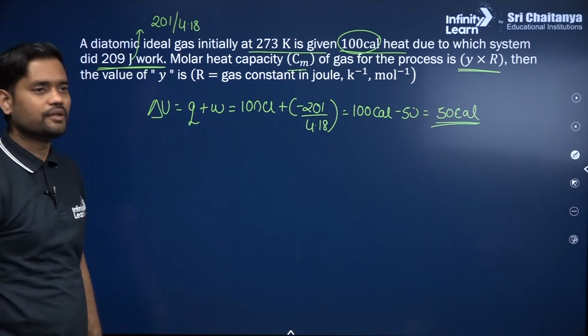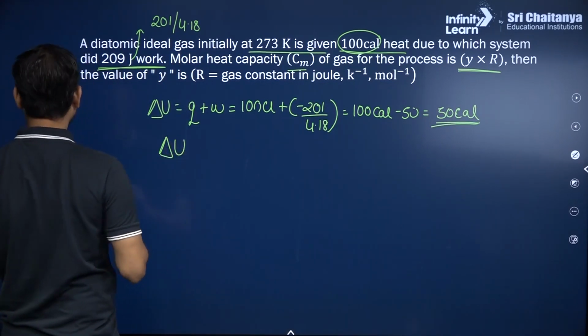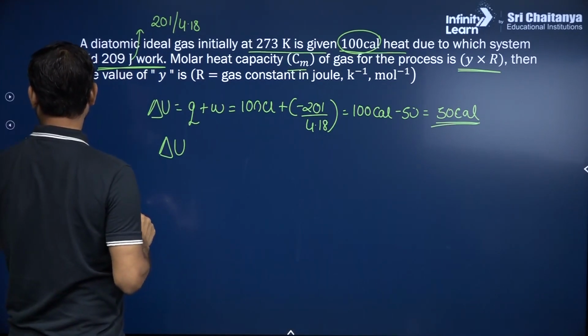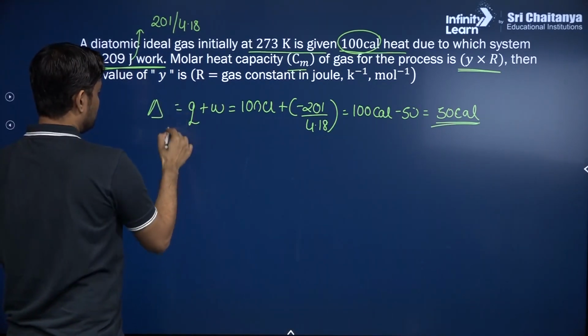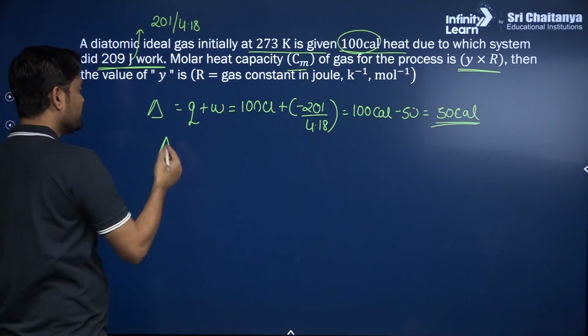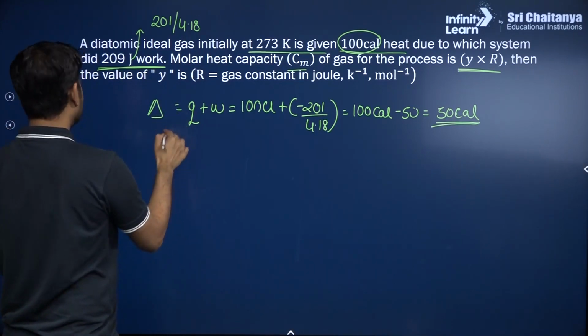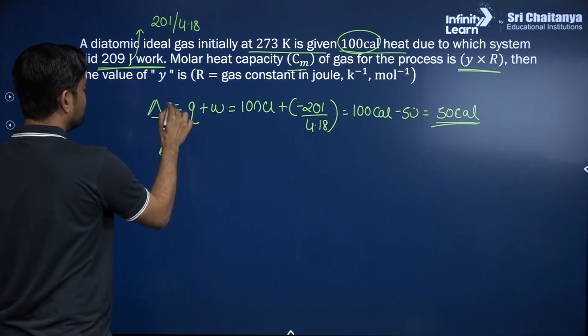Clear? Then the change in internal energy. Let me give this as E. In some books it is E, in some books it is U as well. So change in internal energy, we can take it as E over here. You can also take U, no issues.